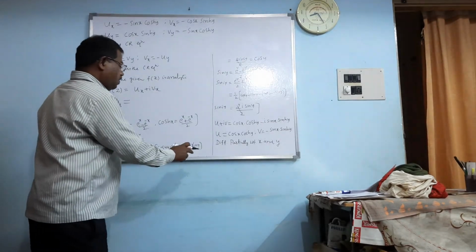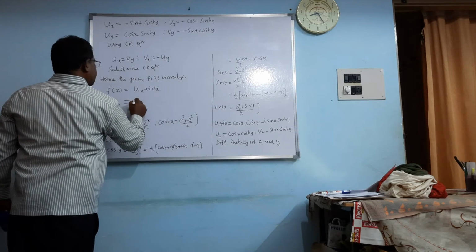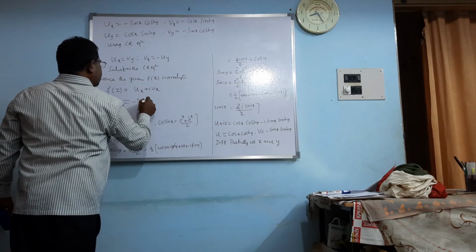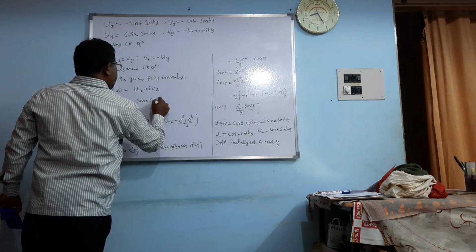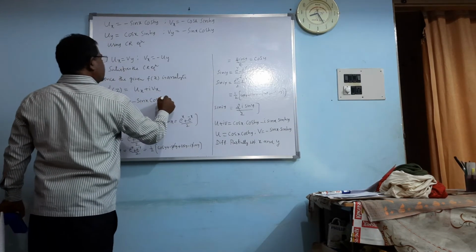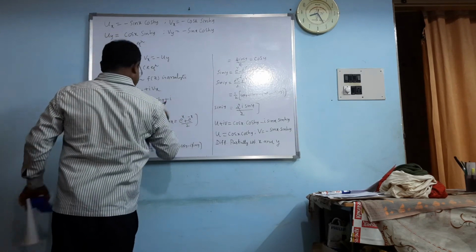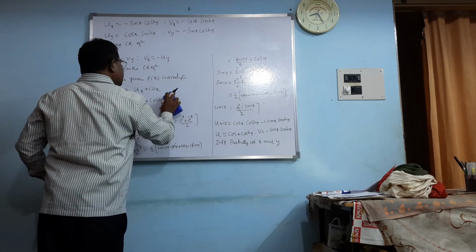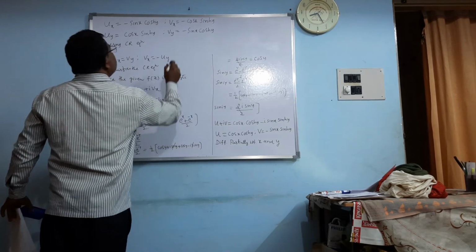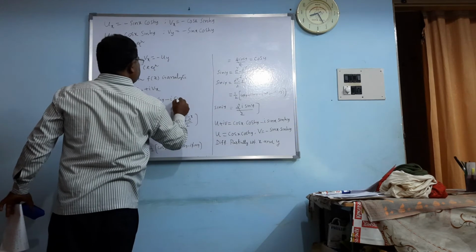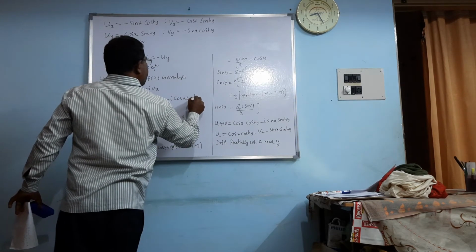Ux is minus sin x into cos hy, right? Plus i into what is vx? Here vx is minus cos x sin hy.